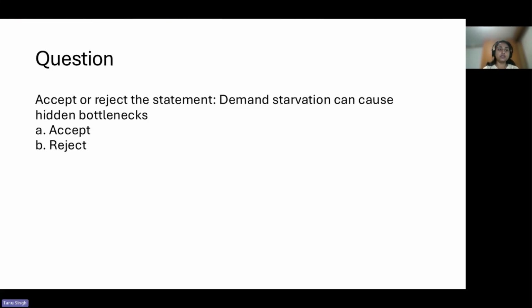On the next question, that is demand starvation can cause hidden bottlenecks. So can demand starvation cause hidden bottlenecks or not?